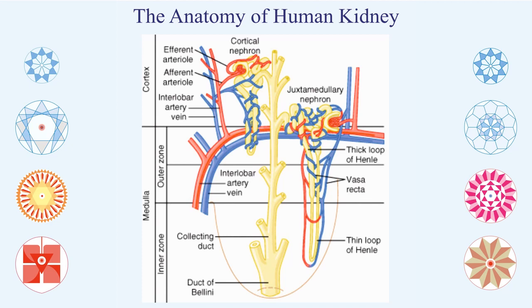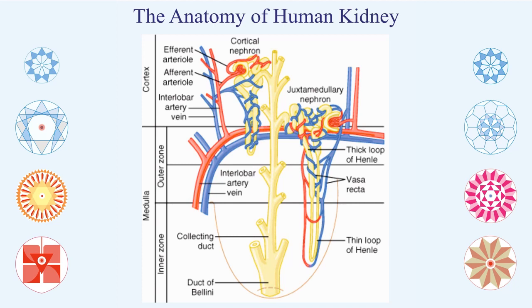They are the ones responsible for the formation of urine as such, the glomerular filtration rate. But inside you have the juxtamedullary nephron, whose prime structure is in the cortex, but the later part of the nephron extends inside the medulla.